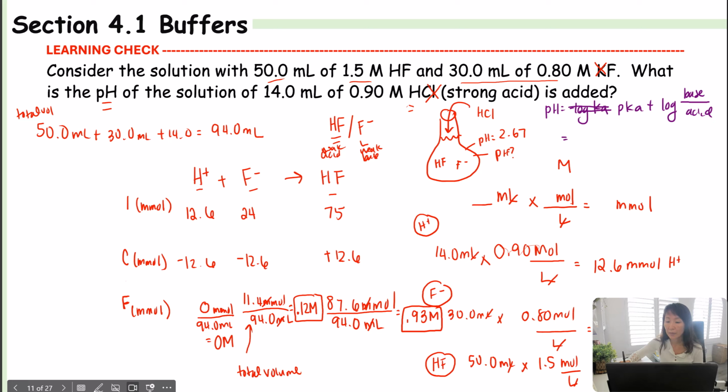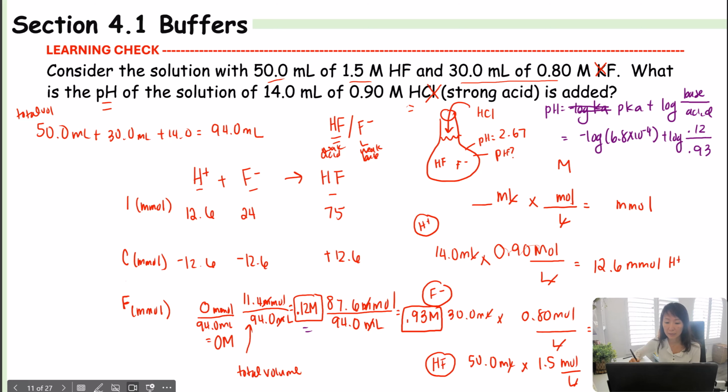So we have negative log of 6.8 times 10 to the negative 4. That's your Ka for HF, plus the log of the base, which is right here, 0.12, and the acid is 0.93.